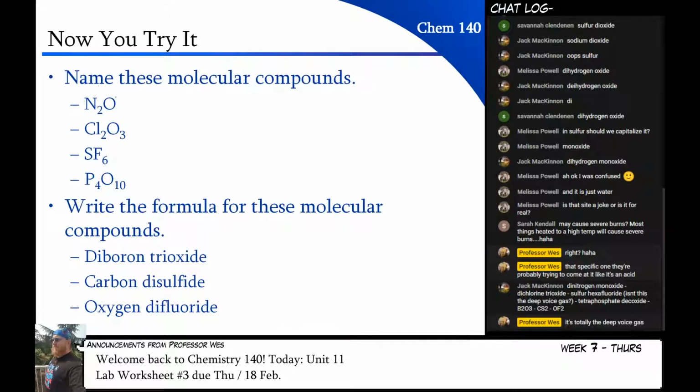Naming these isn't as difficult because we're just looking at numbers. There's two N's, so this would be dinitrogen. And then there's one oxygen, monoxide. Two chlorines is dichlorine. Three oxygens is trioxide. Then we got sulfur. Only one of them, but it's the first element, so we don't include mono. Six is hexa, fluoride.